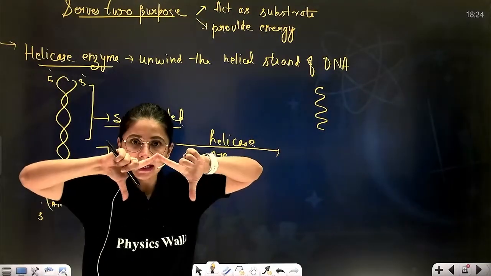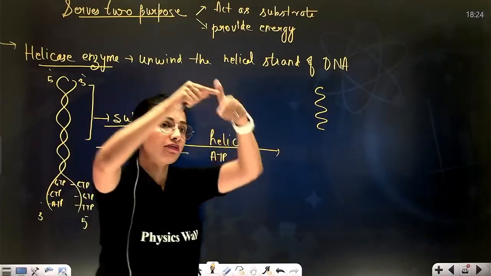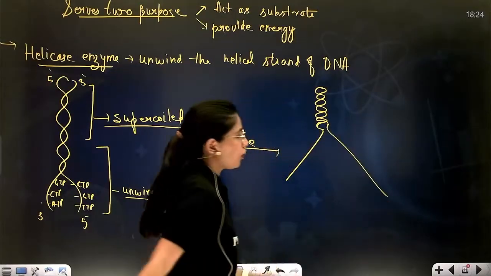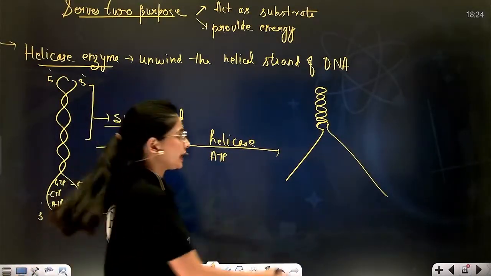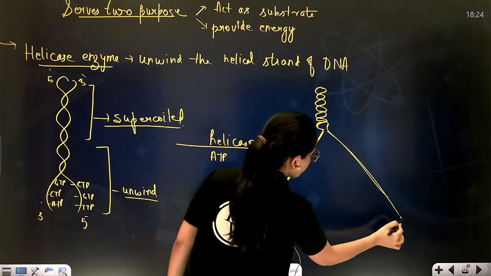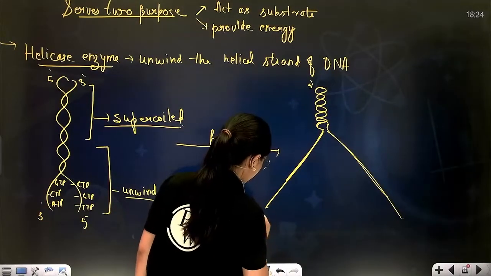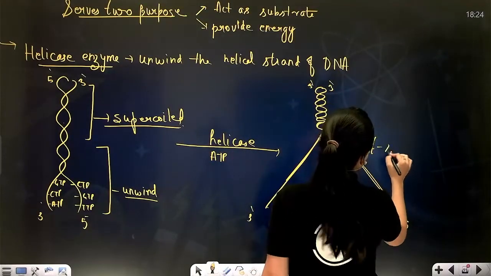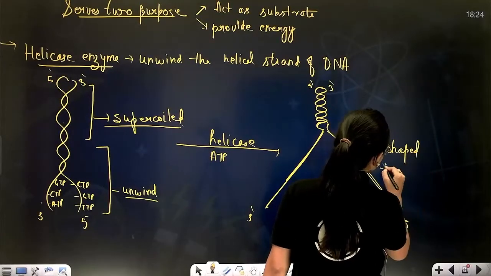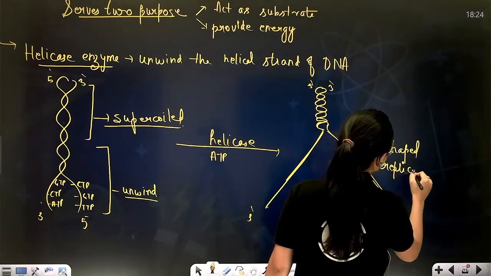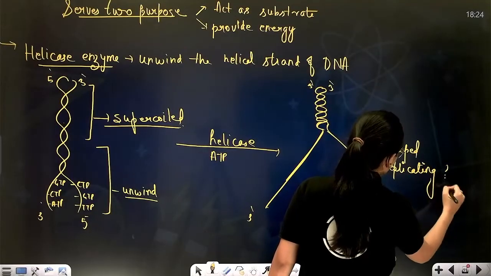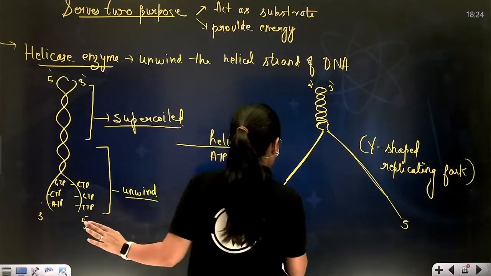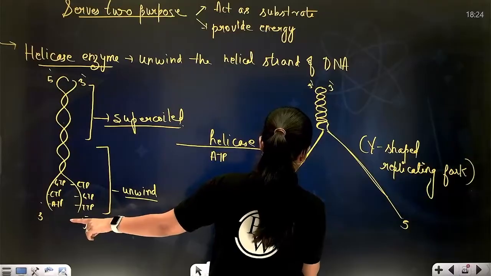So the lower portion will get unwound, but the upper portion will get supercoiled like this. And the lower portion will open to form a Y-shaped replicating fork. So this is 5 prime, 3 prime, 3 prime, 5 prime. Due to helicase activity, the Y-shaped replicating fork is produced, exposing the nucleotides present in triphosphate state.